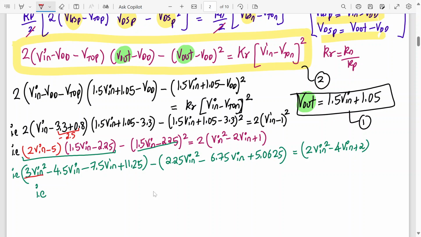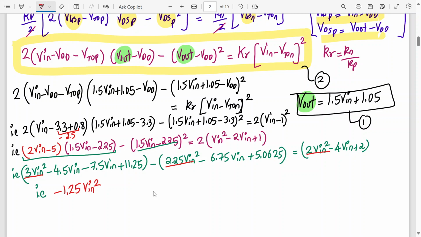Now I'll club all the terms together. This is V in square term, this is V in square term and V in square term. It is 3 minus 2.25 minus 2. So that is minus 1.25 times V in square.